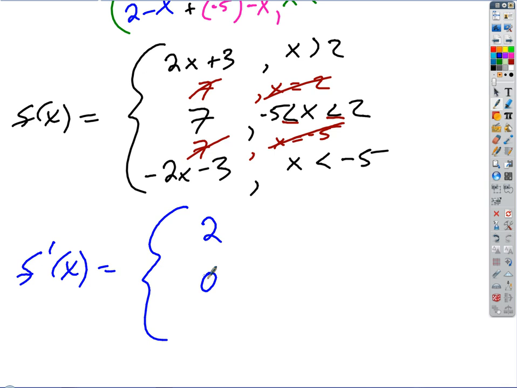What's the derivative of -2x minus 3? -2. So look what this function does. On these three separate intervals, the function has three separate slopes, right? So you know it's going to be going down, horizontal, down. What can you tell me about critical numbers then?